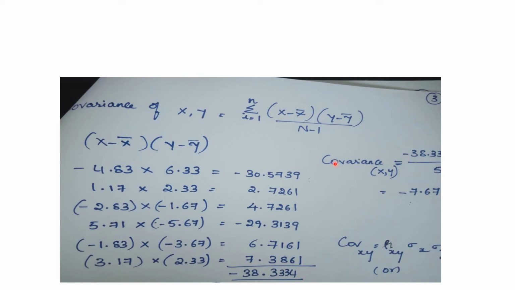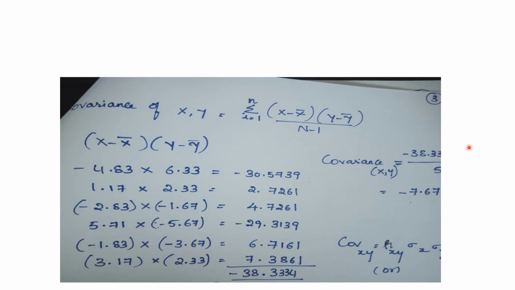So substitute under the equation, that is covariance of xy is equals to the total of all the individual securities, minus 38.3334 upon n minus 1, that is 6 minus 1, that is 5. That value will become minus 7.67.